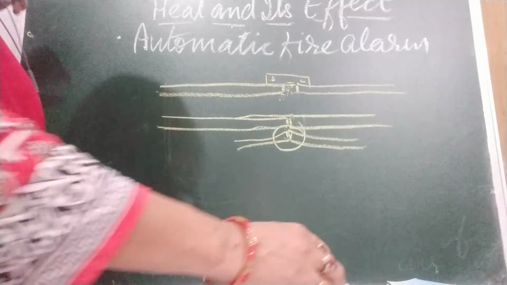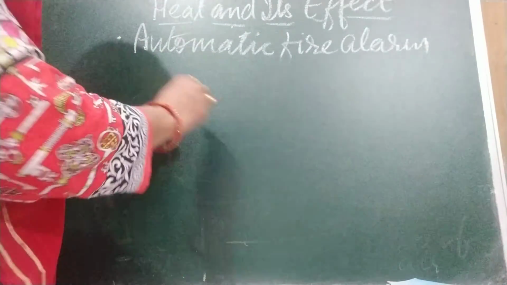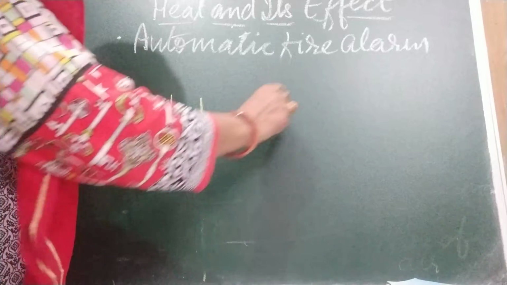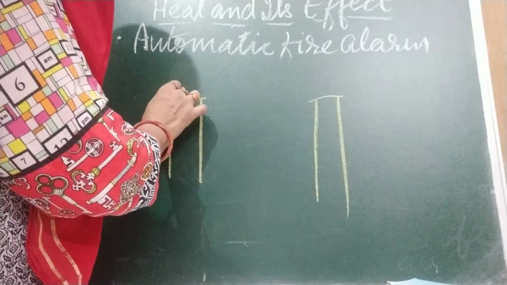One more interesting example, like bridges. All of you have seen bridges. Like there is a pillar and here also. Okay, the bridge is there.